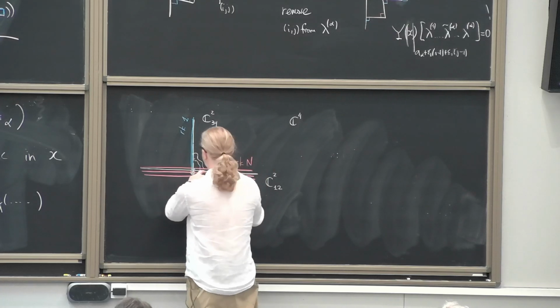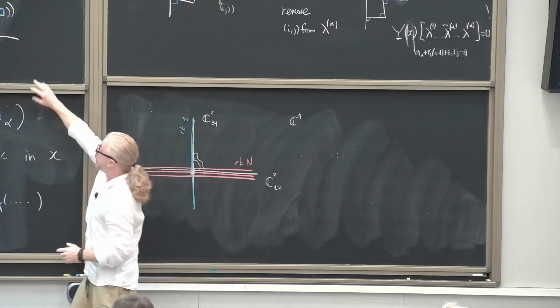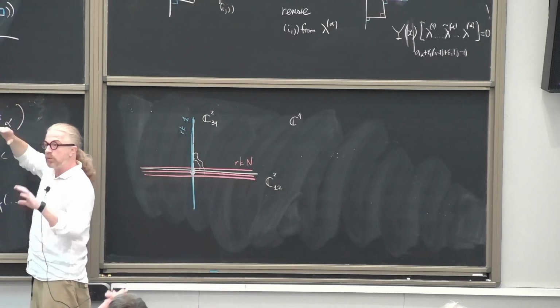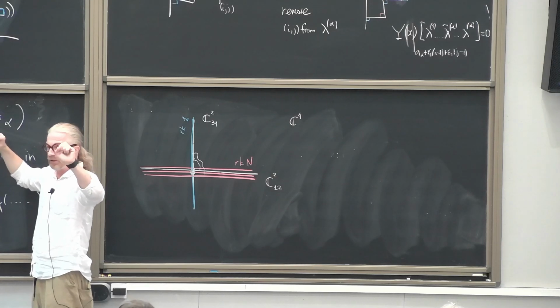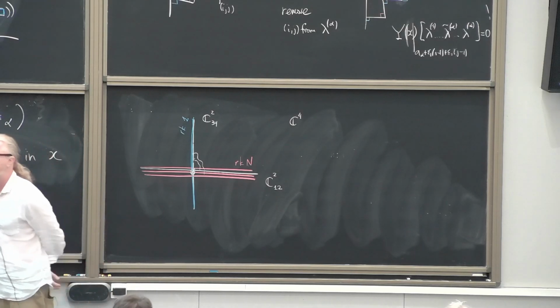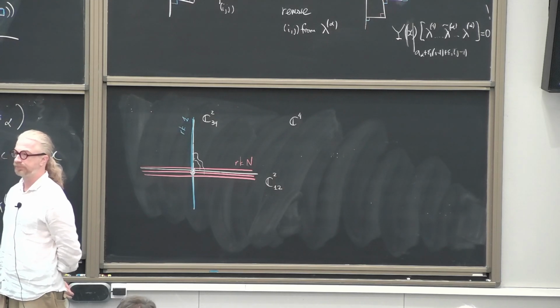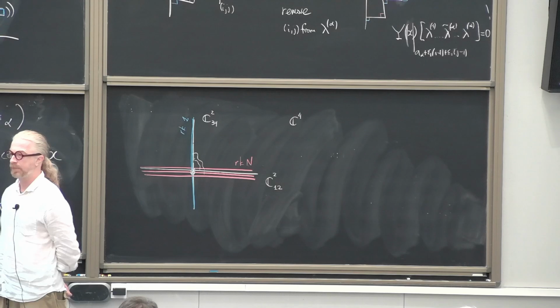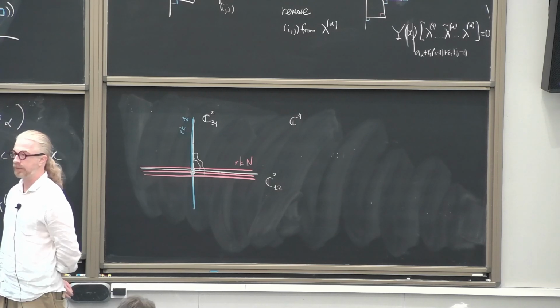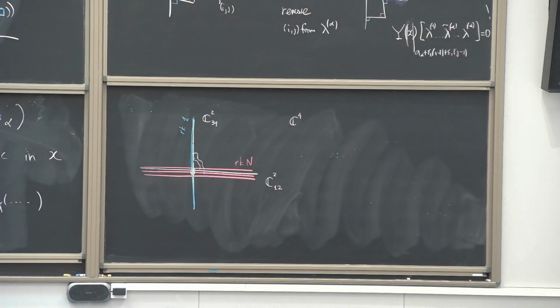This guy deforms to here and this guy deforms to here. When you open up the definition, you will have 4 types of terms: plus interacts with plus, minus with minus, plus with minus. What I'm asking is, if I wanted to reformulate this as a count of rank n plus 1 sheaves on C4, and there is a component where this thing sits in an exact sequence between rank 1 and rank n, then I can look at automorphisms of that exact sequence. And then there is a right. Yes.